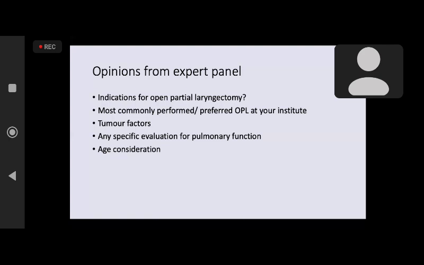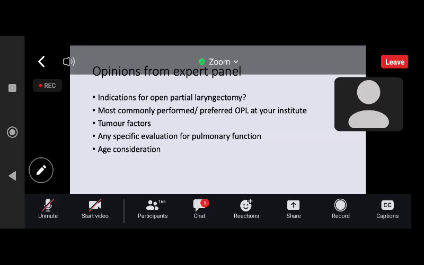So I believe, apart from the tumor characteristics, one of the most important things I would be looking for is subglottic extension, number one, and of course the presence of a functioning cricoarytenoid unit, and even beyond that, the pulmonary status and the reserve of the patient. So I think these three things are really very important.